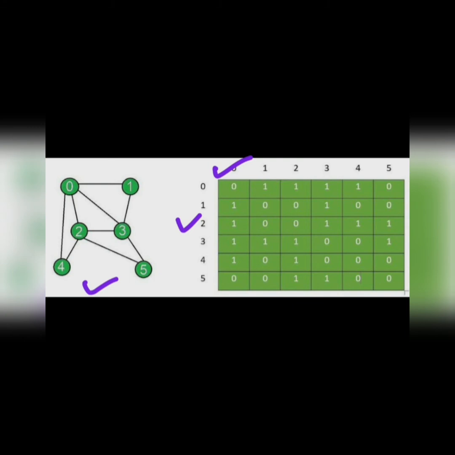Whereas vertex 0 is not adjacent to vertex 5, so the value is 0. Likewise, we will fill all the rows and columns of this matrix. This is how we find the adjacency matrix of a graph.